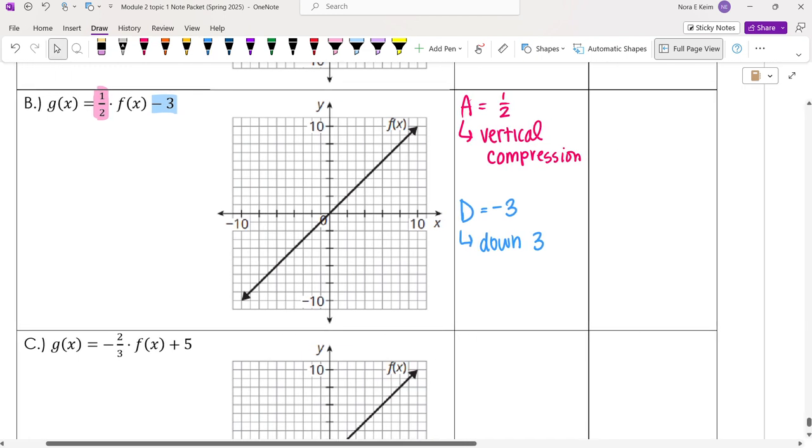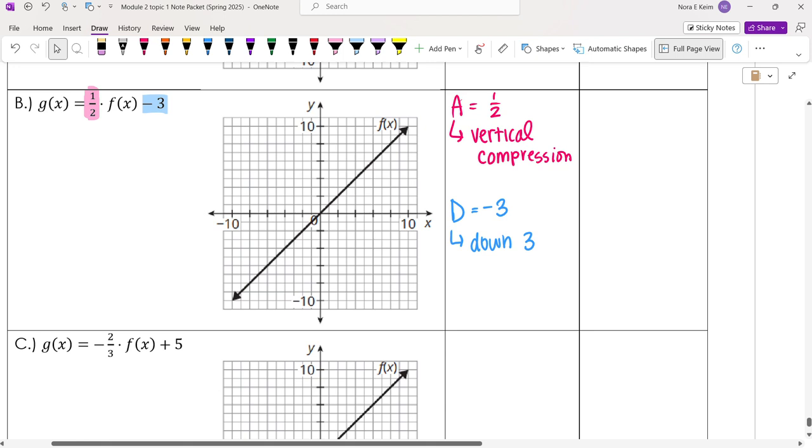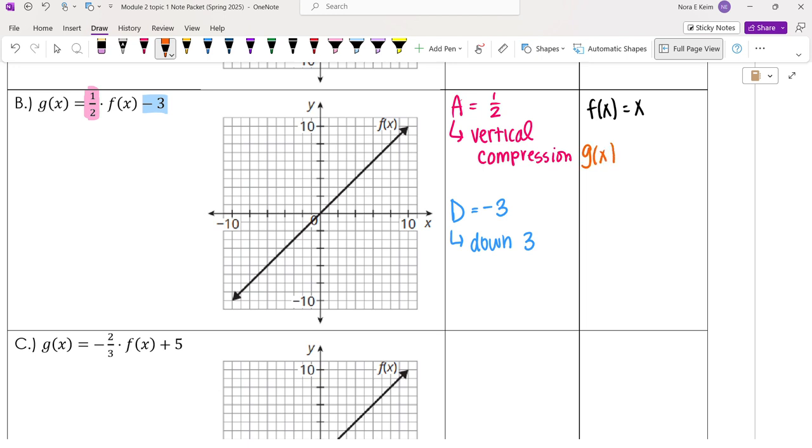So now let's write our equation. Once again, I know that f of x is equal to x because we found that earlier. So if I want g of x, I will have 1/2 times f of x minus 3.